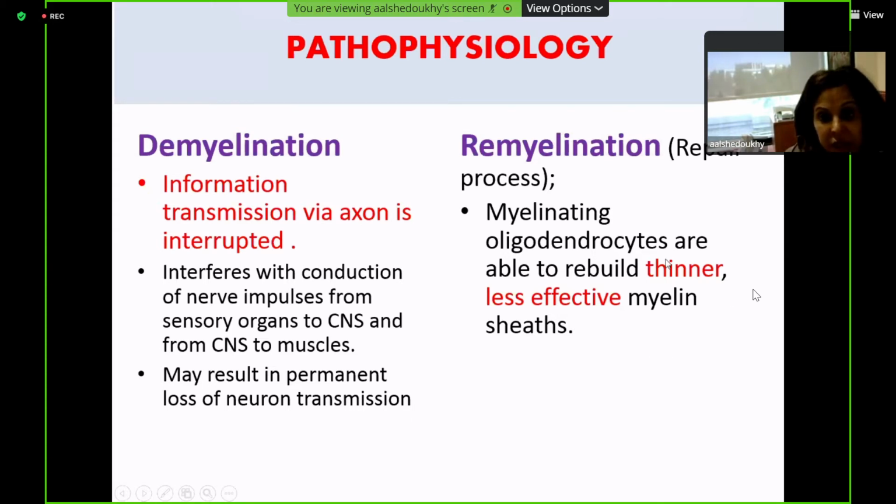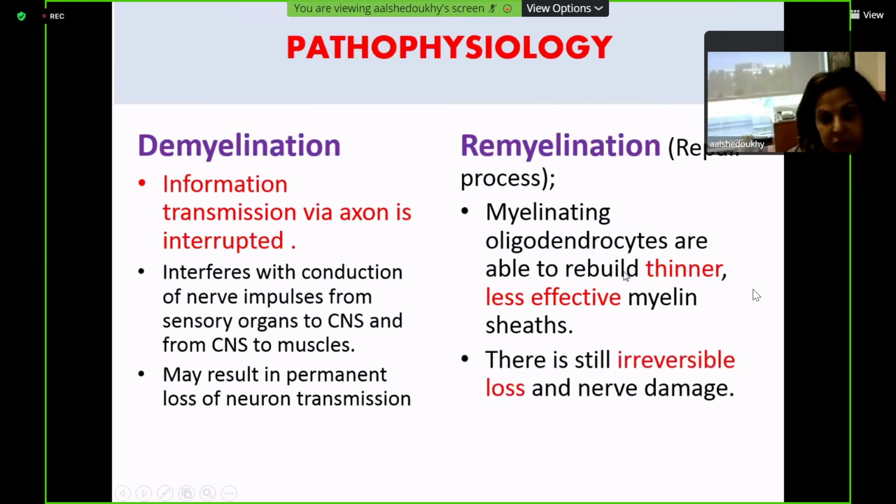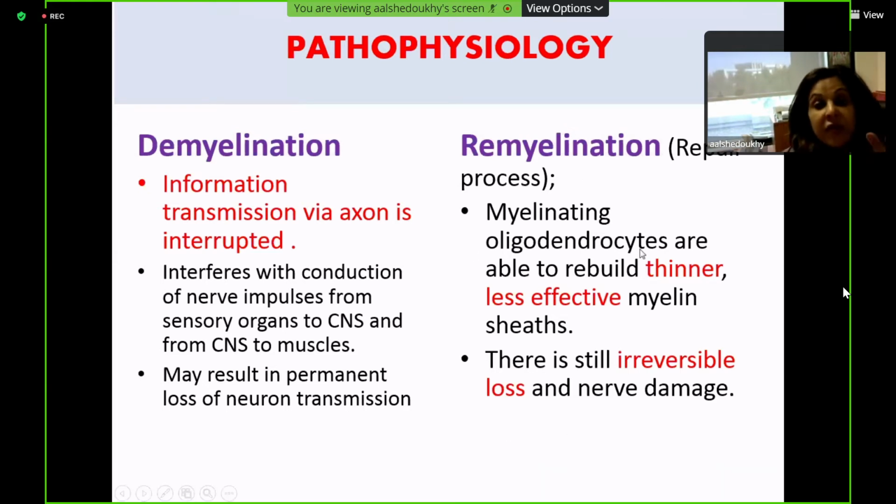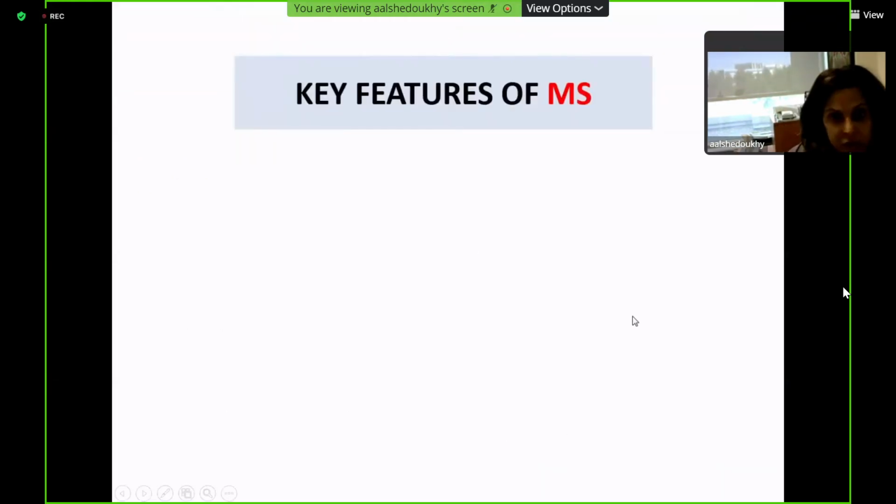In the beginning, it will be a thinner and not as effective myelin sheath in terms of the speed of conduction of electrical impulses. So there is still irreversible loss and nerve damage if the treatment is suboptimal or the inflammatory process is aggressive.